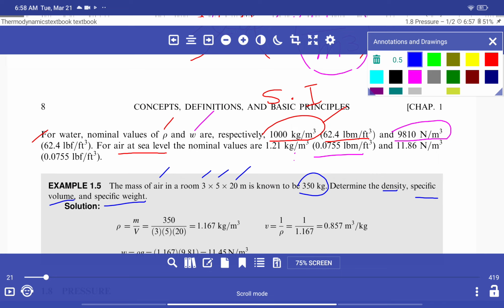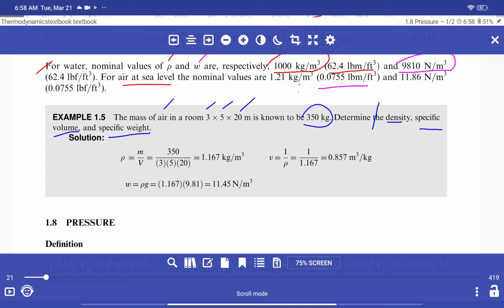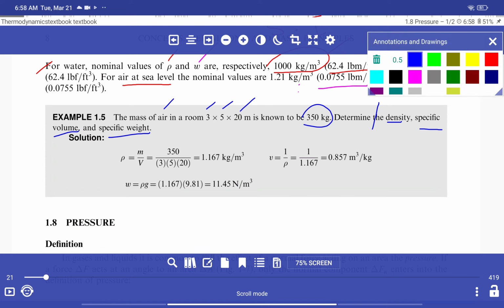So let's jump in and calculate this. Density is equal to mass over volume. What's the mass? The mass is 350 right here. So plug in. What's the volume? Plug in this dimension here.